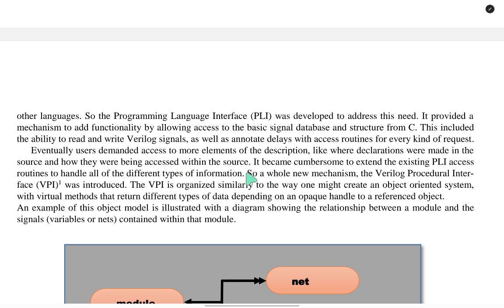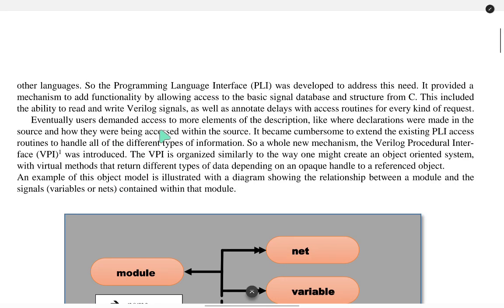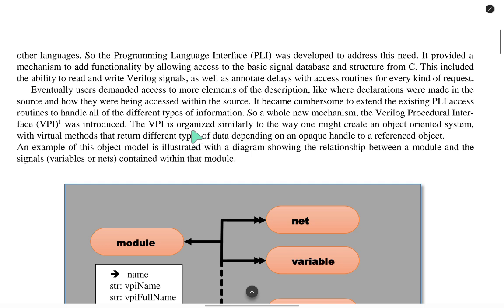So a whole new mechanism, the verilog procedural interface, VPI, was introduced. The VPI is organized similarly to the way one might create an object-oriented system, with a virtual method that returns different types of data depending on an opaque handle to a reference to an object.